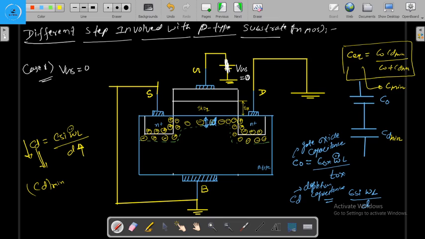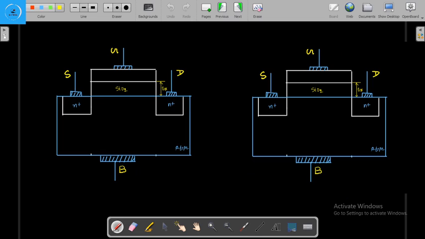Now what we are doing is decreasing the gate voltage. This means we are applying a negative voltage at the gate terminal. So here we are applying Vg negative.